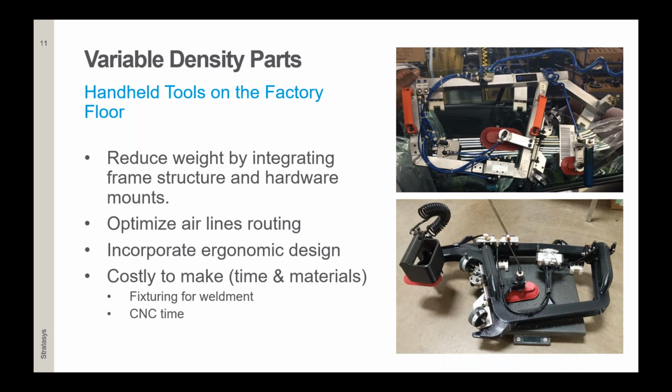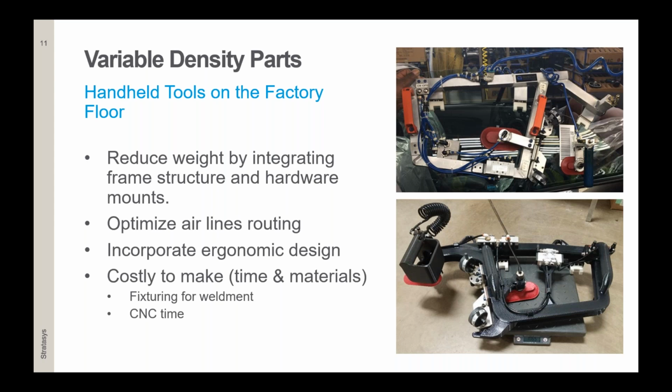handheld tools which are used on the factory floor, car manufacturing. So in this case, it's an assembly line of a car manufacturer. They produce thousands of cars per year, and a human operator has to lift such tools into place hundreds of times. So this fixture originally consisted of many off-the-shelf parts, which might have sharp edges. It weighed around 6 kilograms.